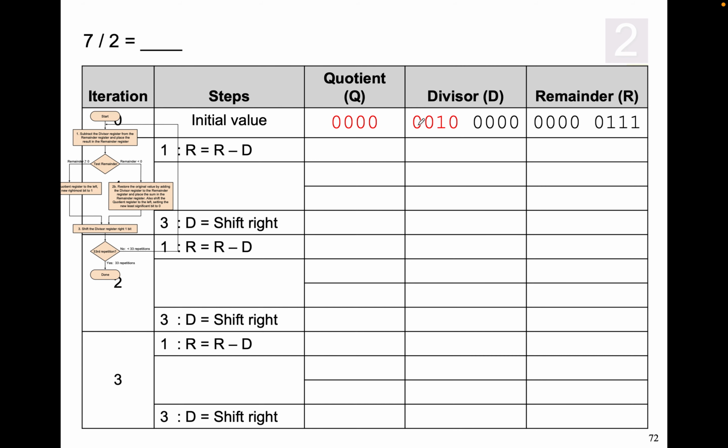You will put 0 0 1 0 in front and 0 0 0 0 beside it. And you're going to have the quotient first as 0 0 0 0 because you don't know the answer yet, the initial value. The remainder for your initial value is 0 0 0 0 0 1 1 1. So the only difference is at the divisor, you're going to swap left and right.